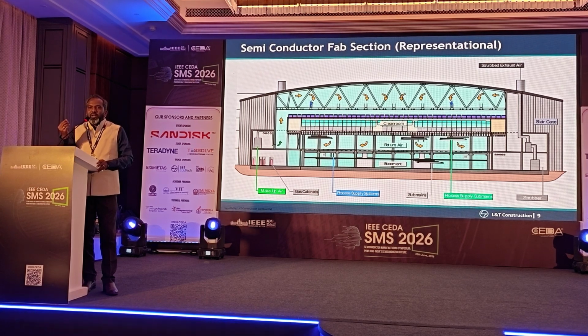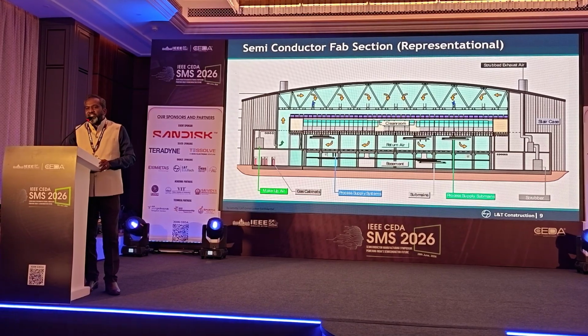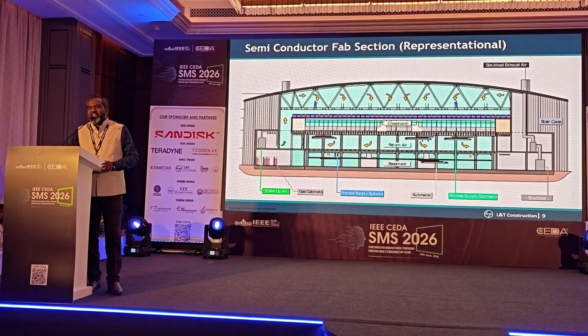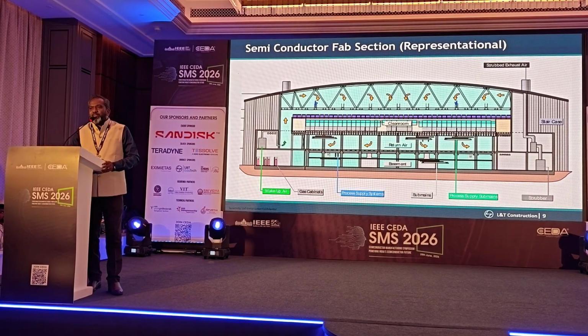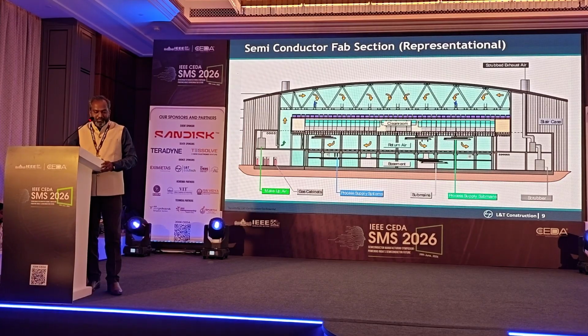One particle getting into the gate is going to contaminate the chip. The yield that has been discussed, if the yield comes down, the profitability goes down. So from now on, we are going to focus more on purity and ultra high purity of all things.